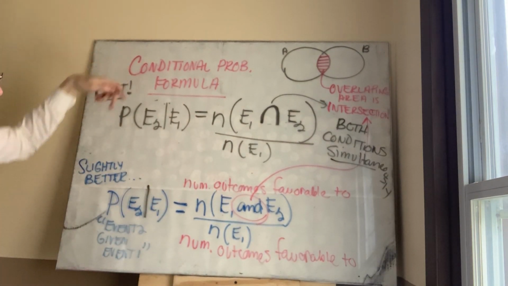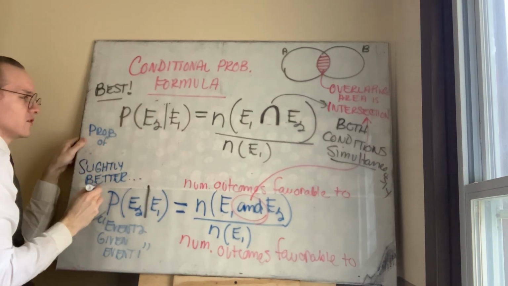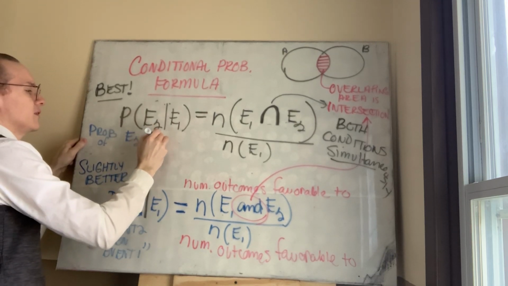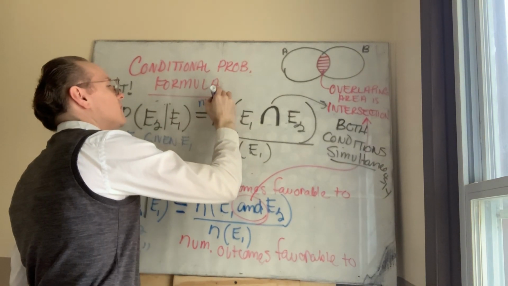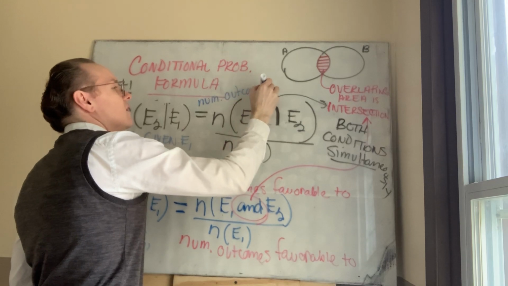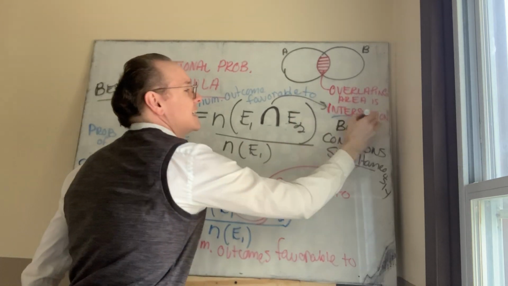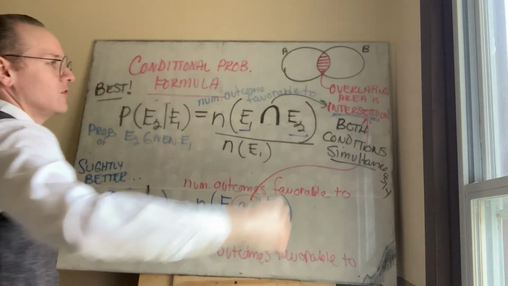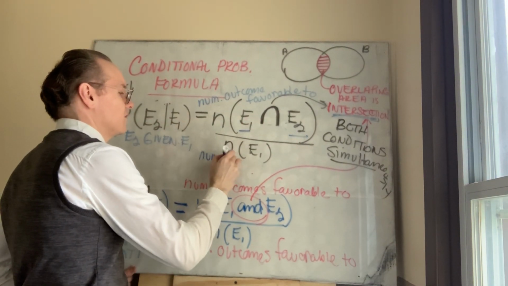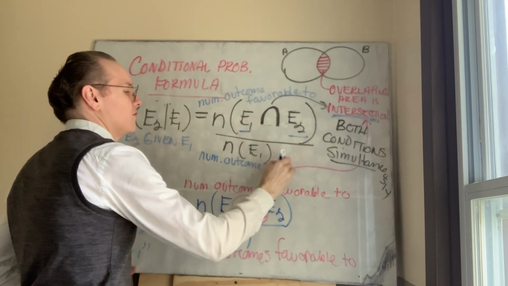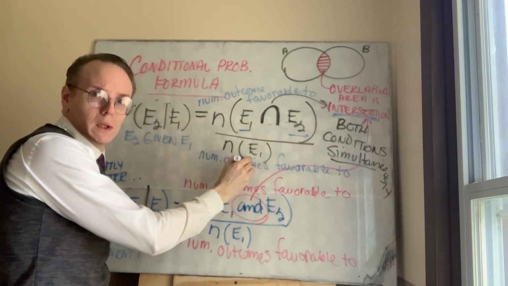The probability of, that is what the P is, event 2 given event 1 is equal to the number of outcomes favorable to the intersection of E1 and E2, divided by the number of outcomes favorable to event 1 only.